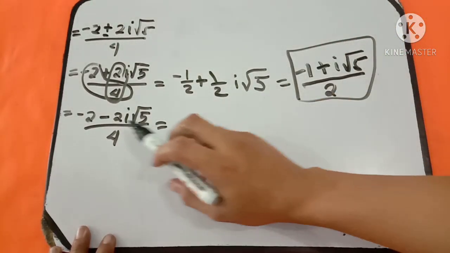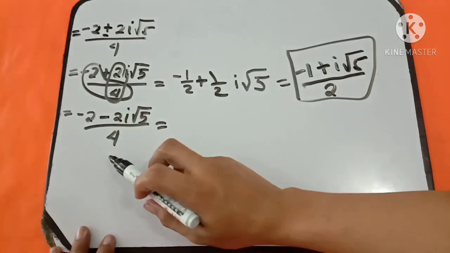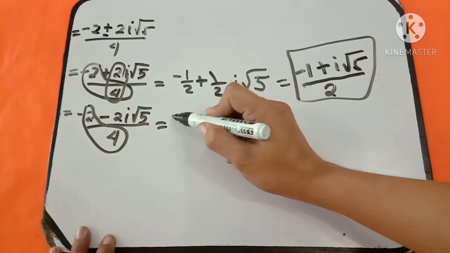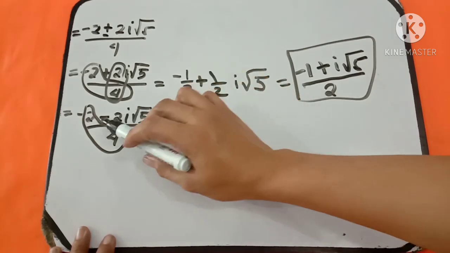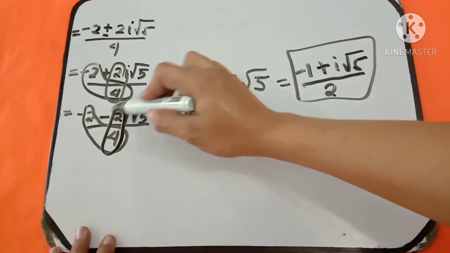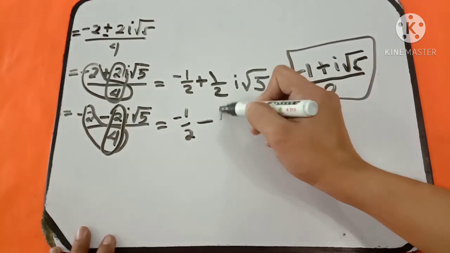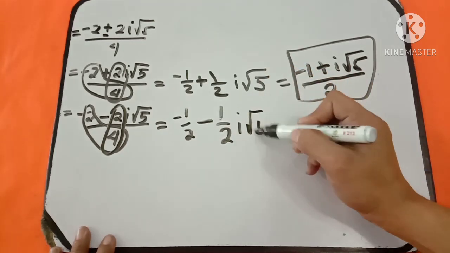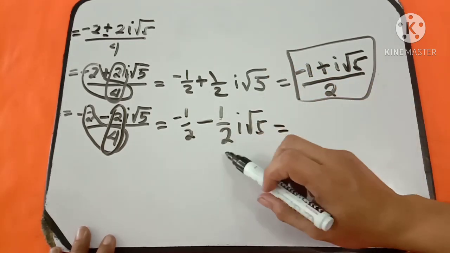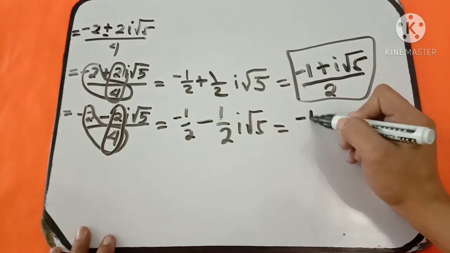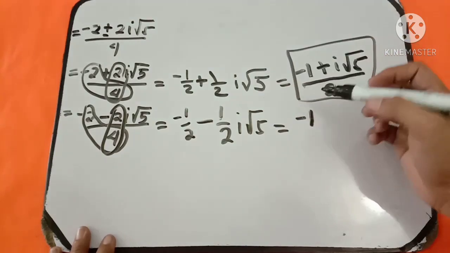Then, this one, for the lowest term, negative 2 divided by 4 will also give us negative 1/2. Then, copy the operation symbol minus, and this also, 2 divided by 4 will give us 1/2, and copy i square root of 5. Then again, our denominator is the same, so we can combine them simply by getting all the numerators.